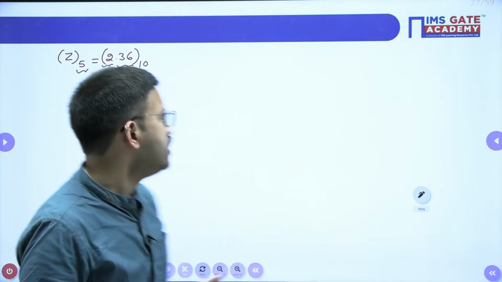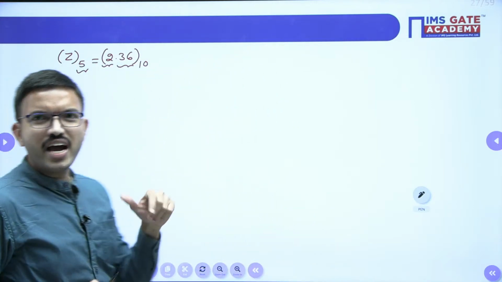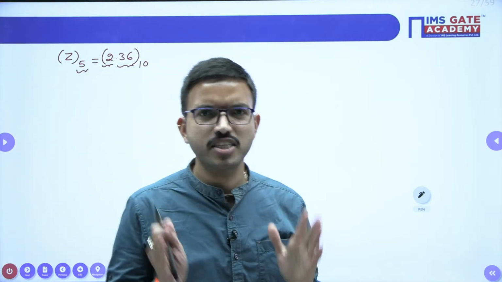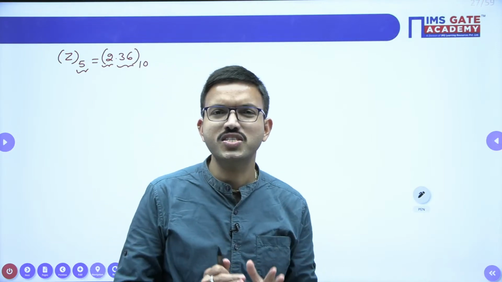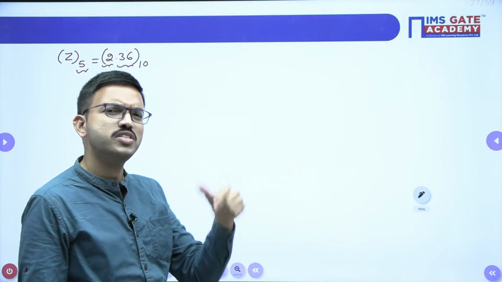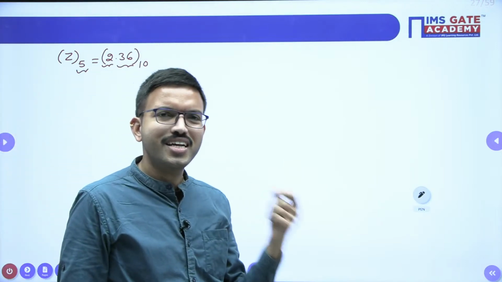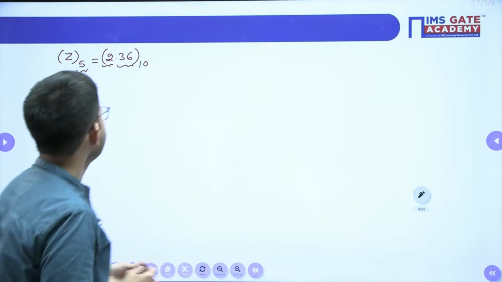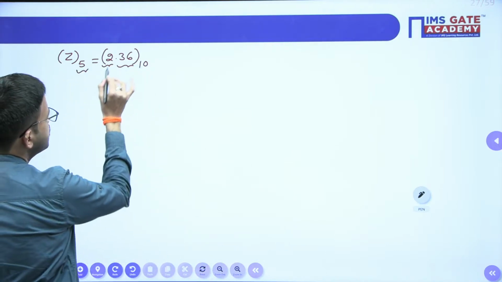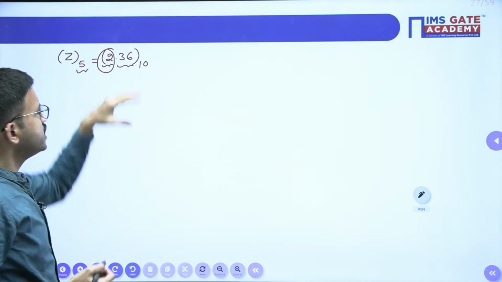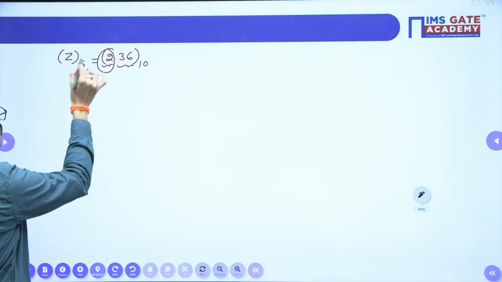It is very simple. Even if you have any confusion in the GATE exam, whether you have to do repeated division or repeated multiplication, whatever your thought process is, you can easily guess whether it is correct or not. See, here you consider any integer value that you want to convert into base 5.